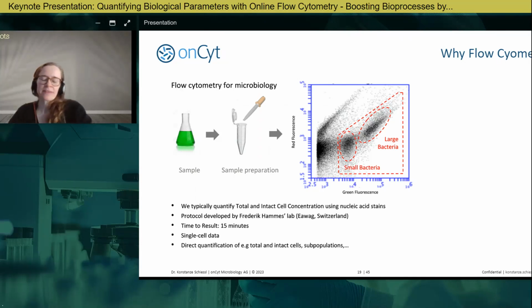Okay, so now I need to change gears a little bit, and I've not practiced the transition, but let's say the last part, I think we're around halfway through. The last part is really about showing you use cases of the online flow cytometer, and I will give you some examples of things that we have worked on, some publications, some customer projects, and most of the examples I will show are about microbiology, because this is what we've historically been doing most.